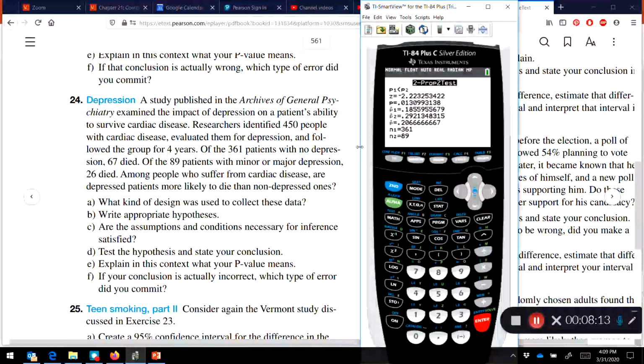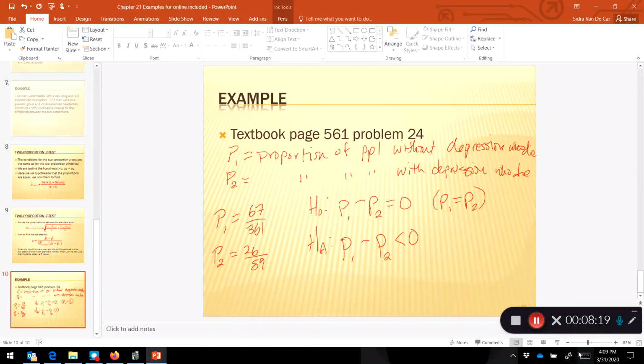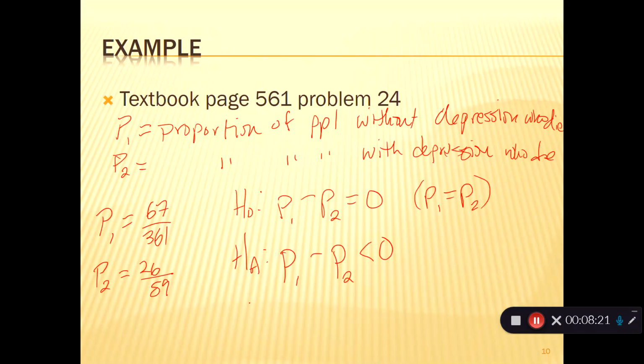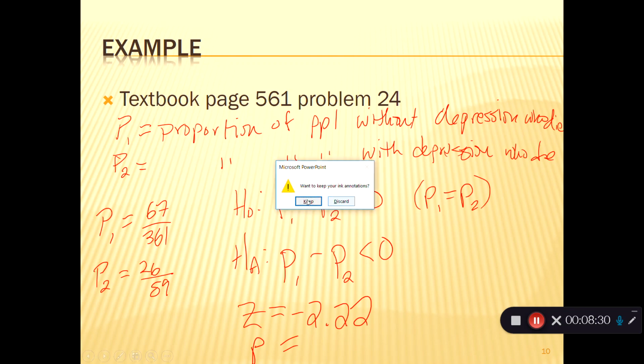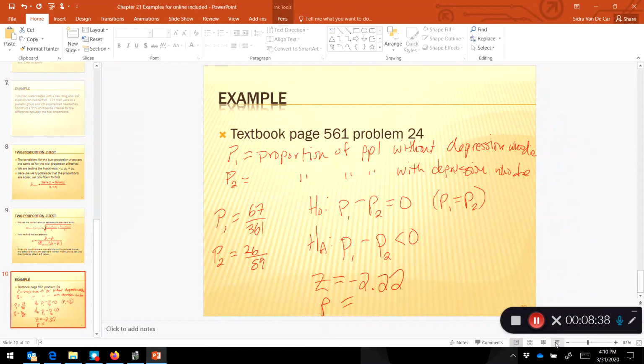All right, we get a z-value of negative 2.22. So let's write that down, negative 2.22. And the p-value that goes with that, we're going to go back over here to the calculator. The p-value is 0.0131.